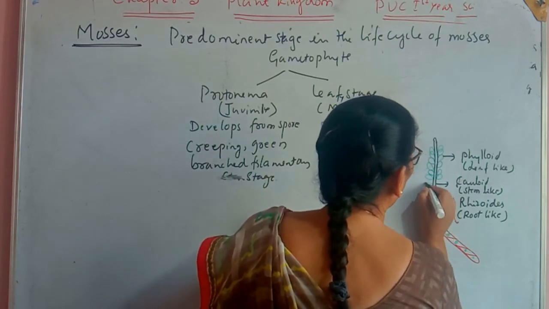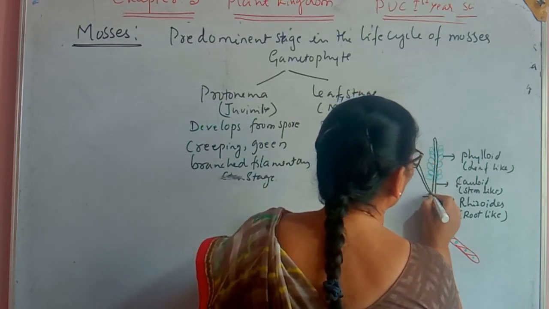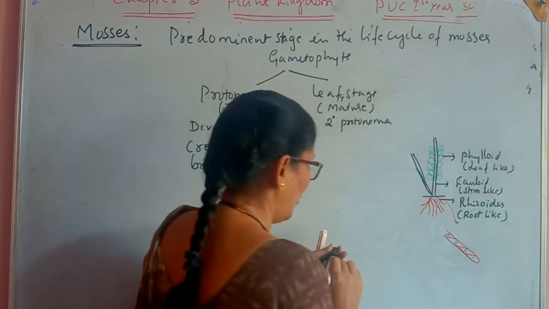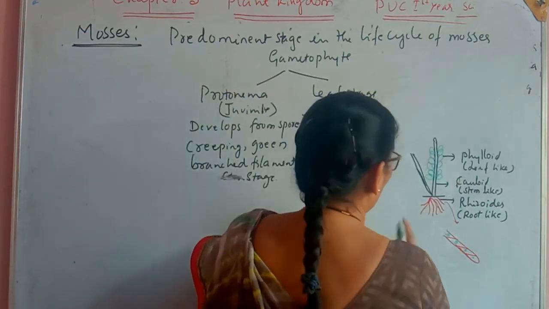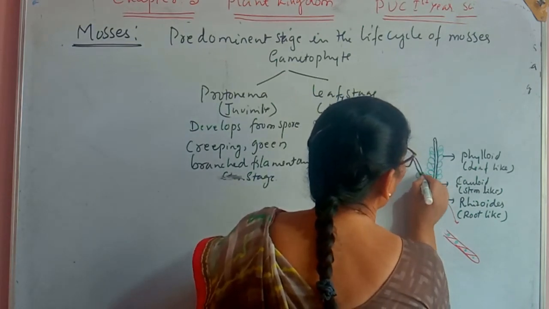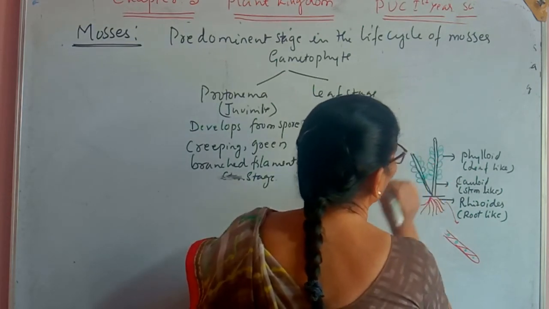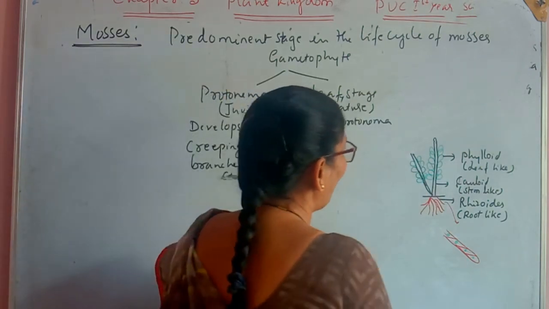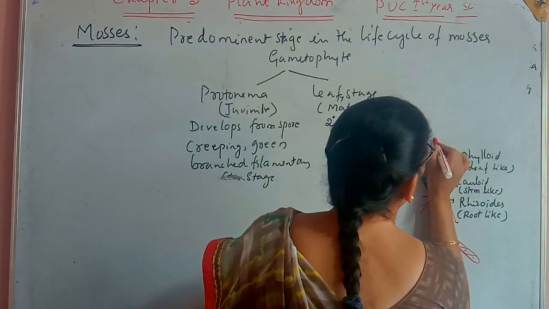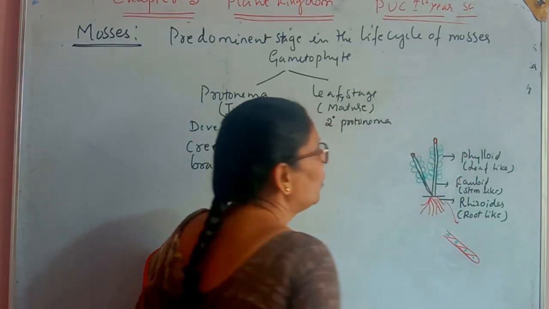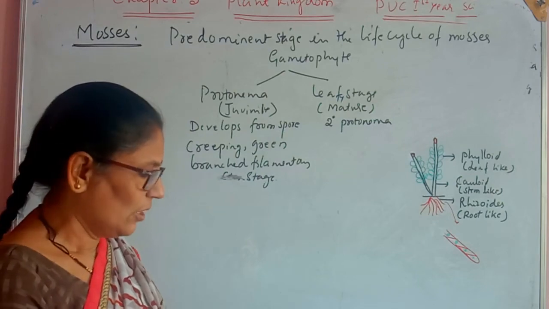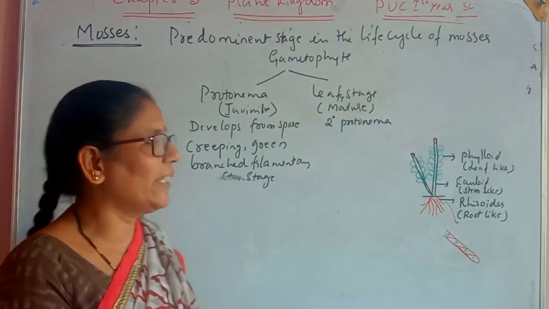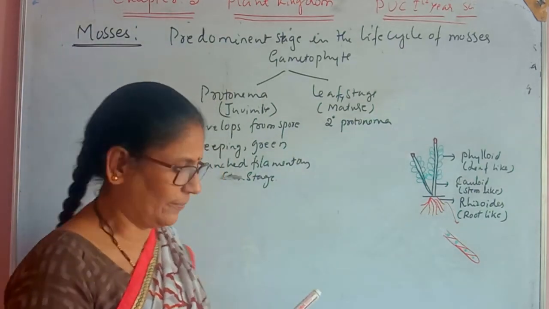There will be one more branch which also bears tiny leaves around it. On the apical or tip region, we see the sex organs in this structure. So one branch bears the male sex organ and another branch bears the female sex organ.